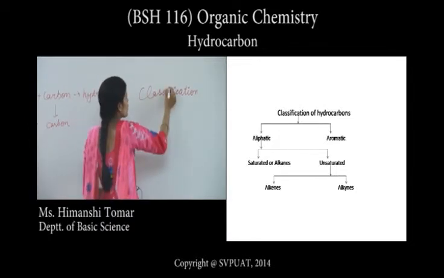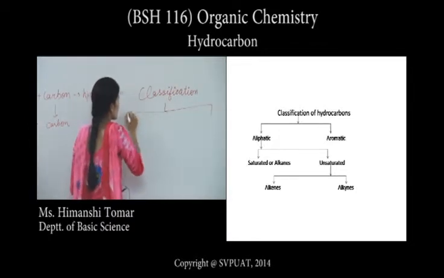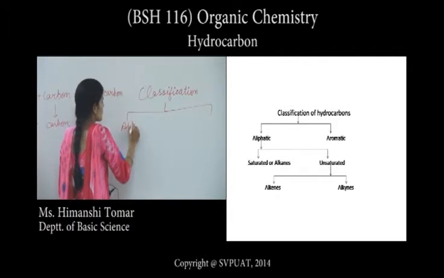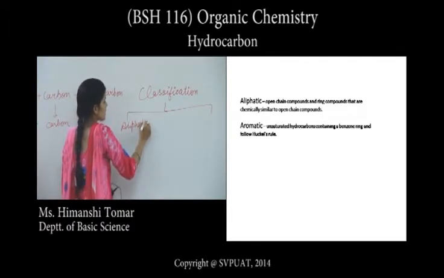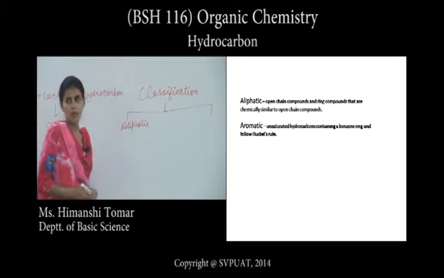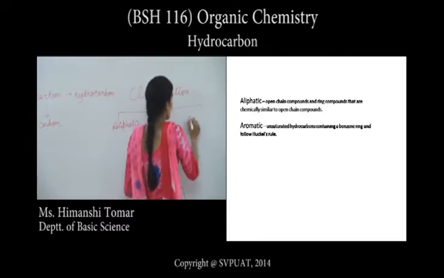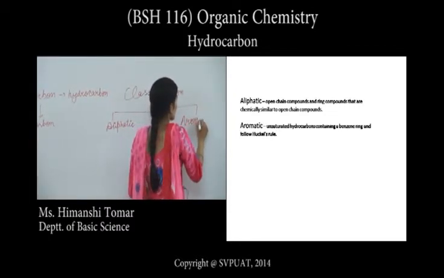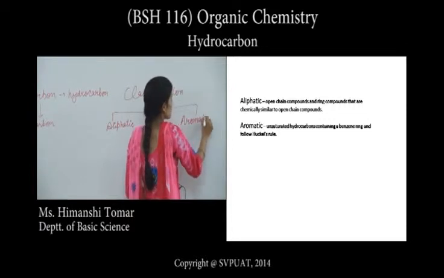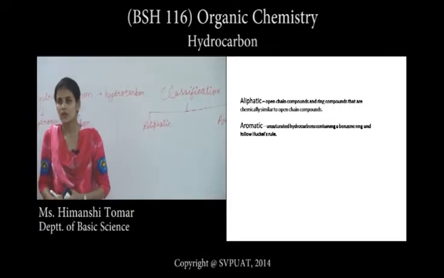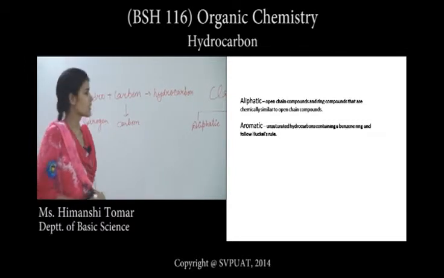Hydrocarbons are of two types. Number one is aliphatic. Aliphatic hydrocarbons are open chain compounds. Number two is aromatic. Aromatic hydrocarbons are those hydrocarbons which contain a cyclic ring or benzene ring.